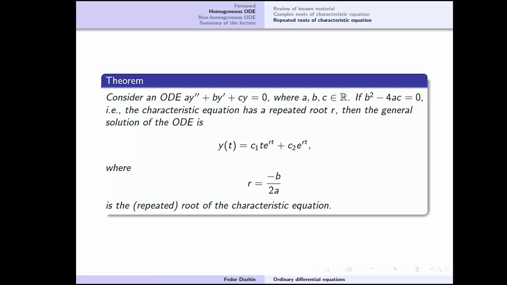Generally speaking, whenever we need to solve a second order, linear, homogeneous differential equation with constant coefficients, we need to set up the corresponding characteristic equation, and if it happens to have a repeated root, which happens if b square minus 4ac is 0, then we just find this repeated root r. In this case it is minus b over 2a, and then we just take the first solution of the ODE, which is e to the rt, and then in order to construct the second one we just multiply it by t. So that's all.